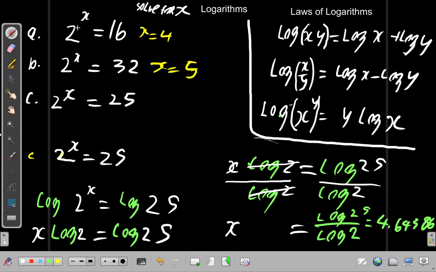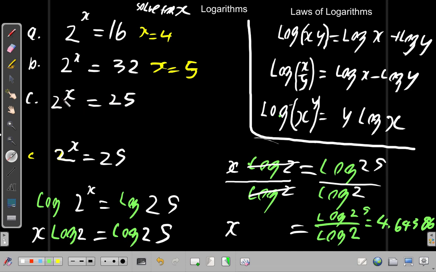Now, here in A, this was a case where you could equate the base of the index. You have 2 to a power equal 2 to a power. You could equate them on both sides. In B, that was the same situation. But in C, you could not do that. So you just have to use logarithms to do it.